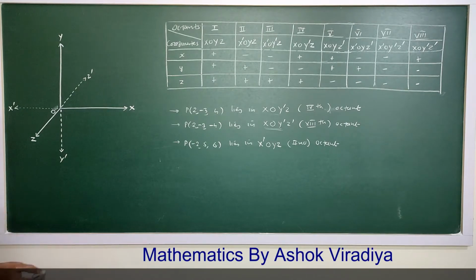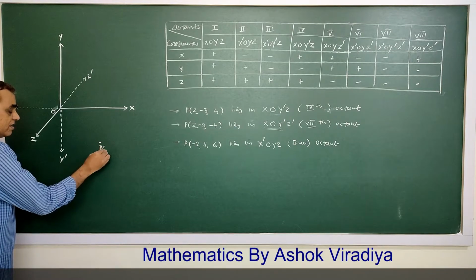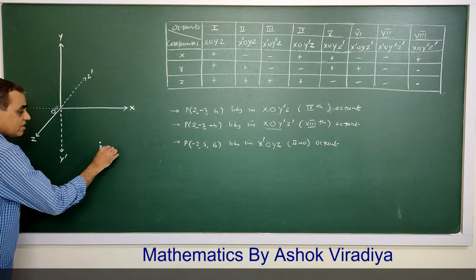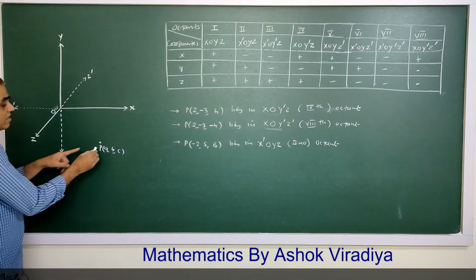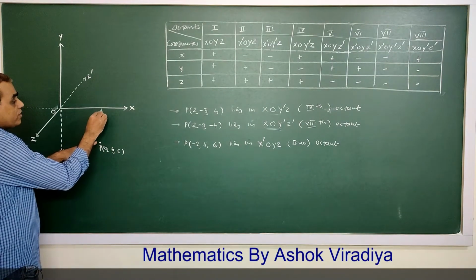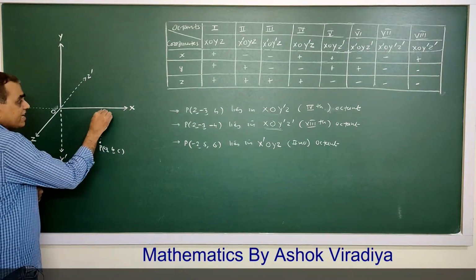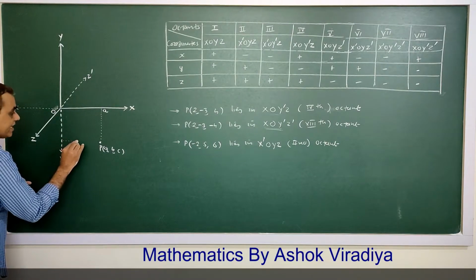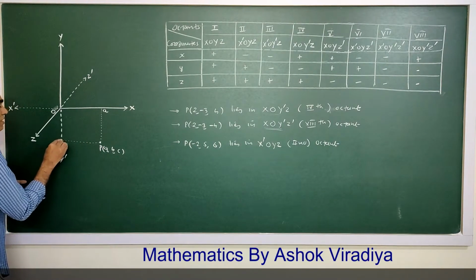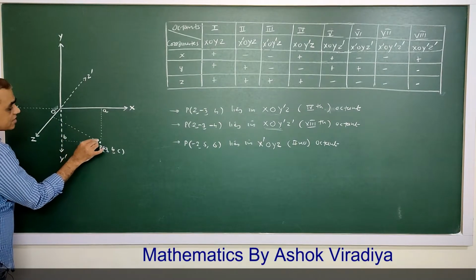And to find the coordinates of any point, whenever any point is given, then if the coordinates are A, B, C, what do we do? Take a perpendicular line from that point on the x-axis in the space. So here you will find A. On the y-axis, take a perpendicular line. So here you will find B. And take a perpendicular line on the z-axis.